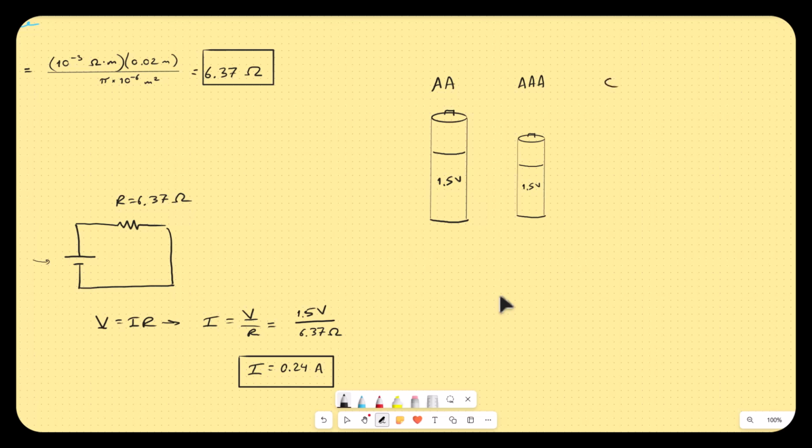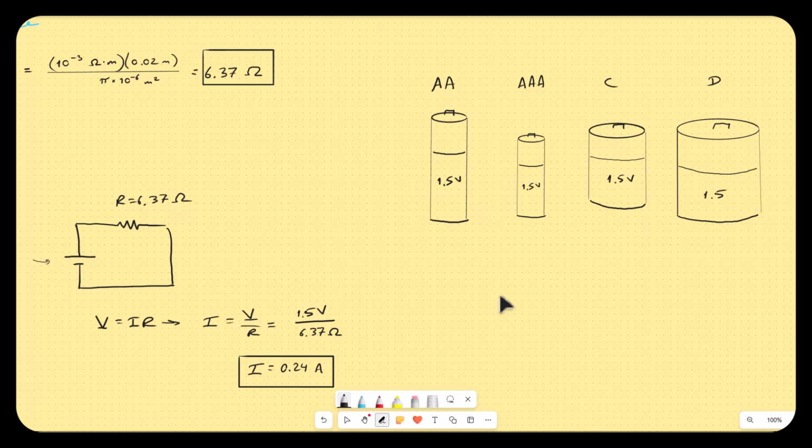A C cell battery, I don't know if you see many of these anymore, which looks kind of like a AA, but it's pretty broad, is also 1.5 volts. And a D cell battery, which looks like a really big C cell battery, is also 1.5 volts.